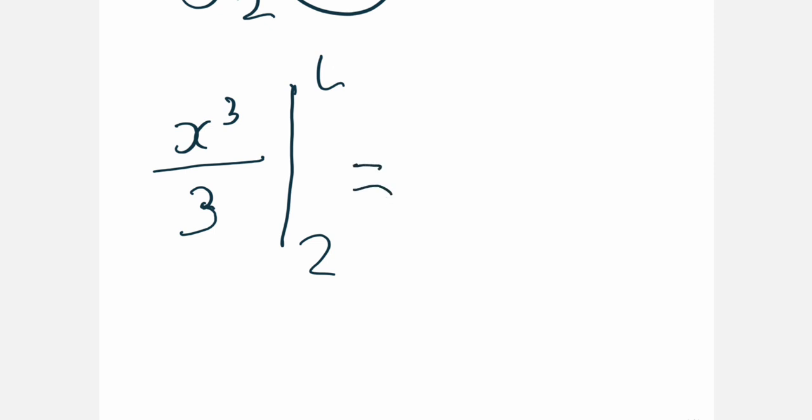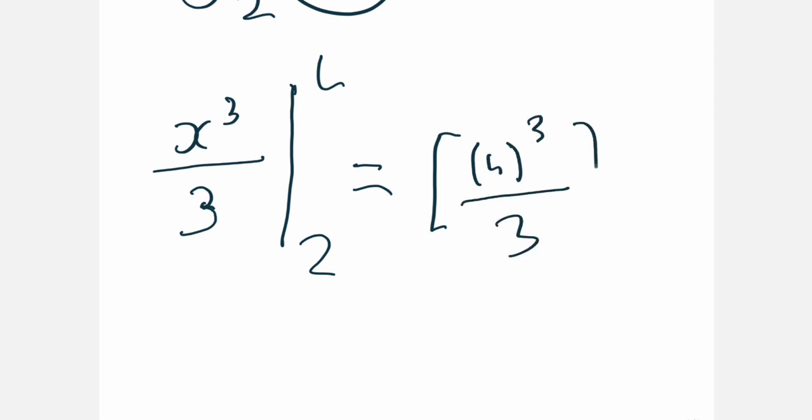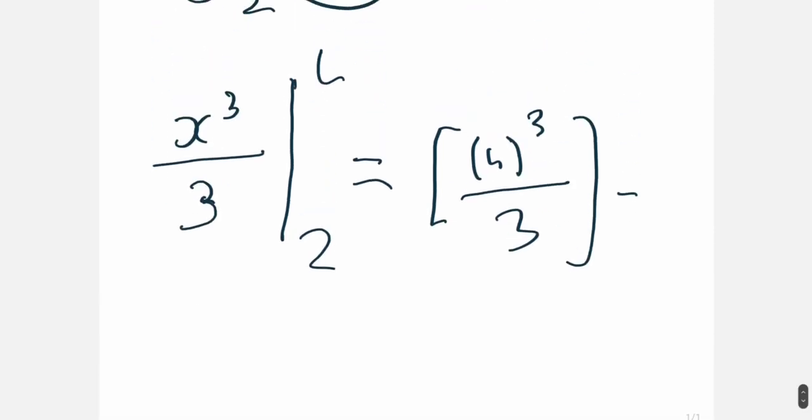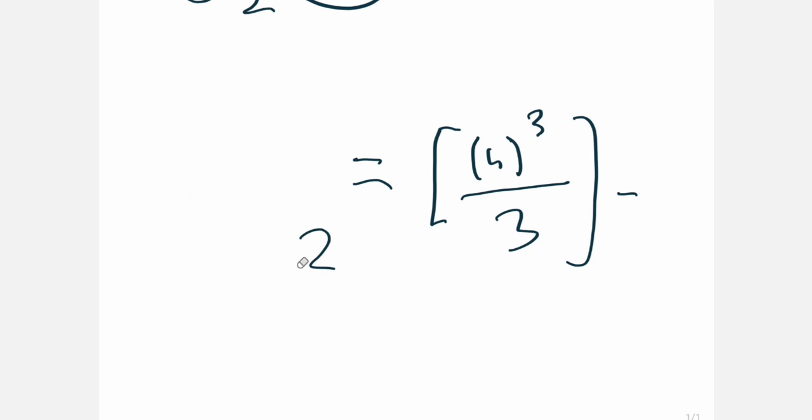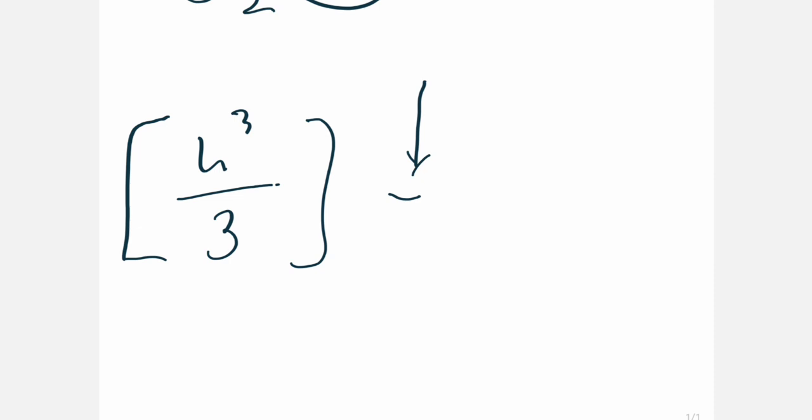So this equals 4, because we're substituting it in for x, cubed over 3 minus, so 4 cubed over 3 minus, so this minus here is essentially a minus 1, and the next thing we're plugging in is 2 cubed over 3.